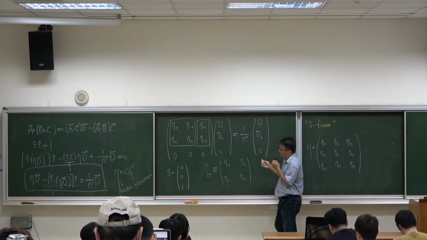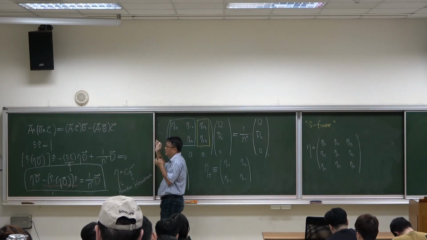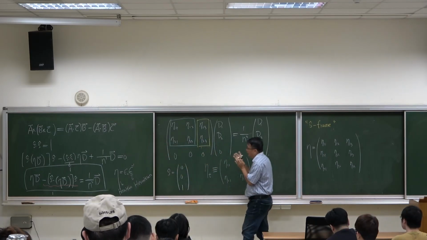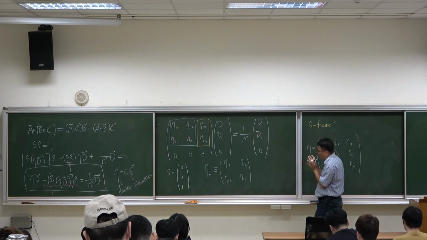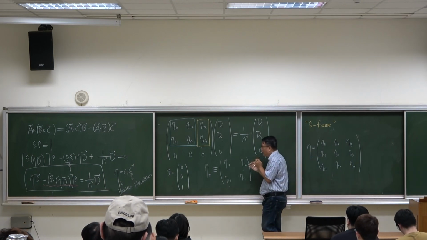Then this kind of matrix has the very nice property that their eigenvectors are orthogonal and their eigenvalues are real.